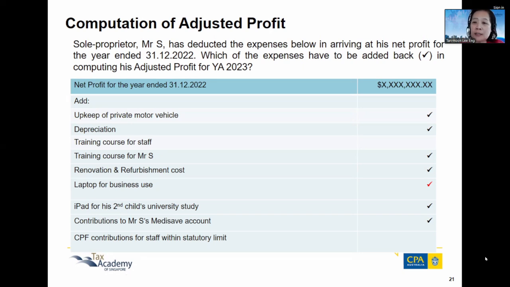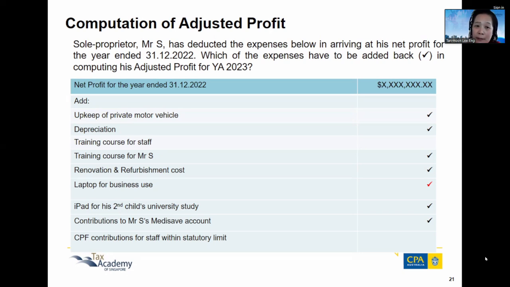Which of the expenses have to be added back in computing his adjusted profit for YA 2023? You see, for a self-employed person, they can claim anything they want to, but we are governed by Section 14 and Section 15. So we have to take a look at the list of expenses that are allowable deductions, and what are not allowable.